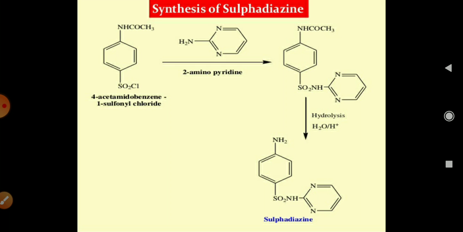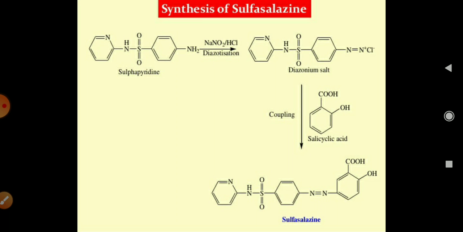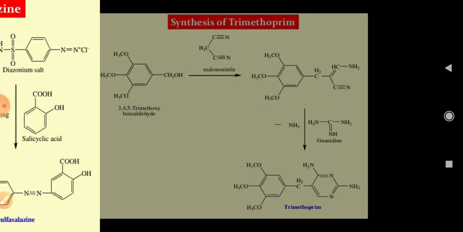Now the synthesis of sulfadiazine. First, 4-acetamidobenzene-1-sulfonyl chloride is treated with 2-aminopyridine, and on hydrolysis it will give sulfapyridine. Next, the sulfonamide on diazotization will give the diazonium salt, and by the coupling reaction with salicylic acid, it will give sulfasalazine.